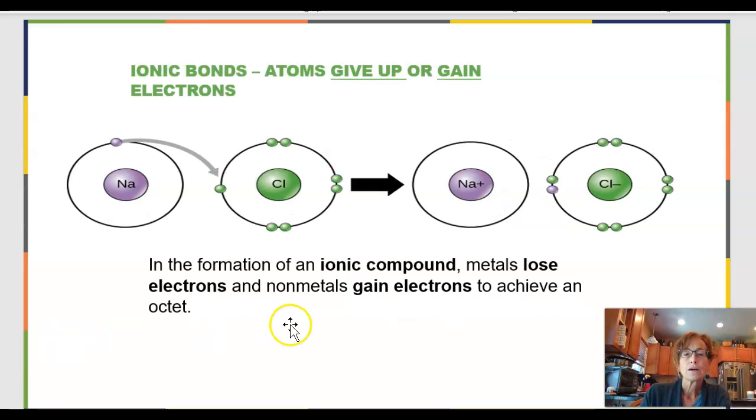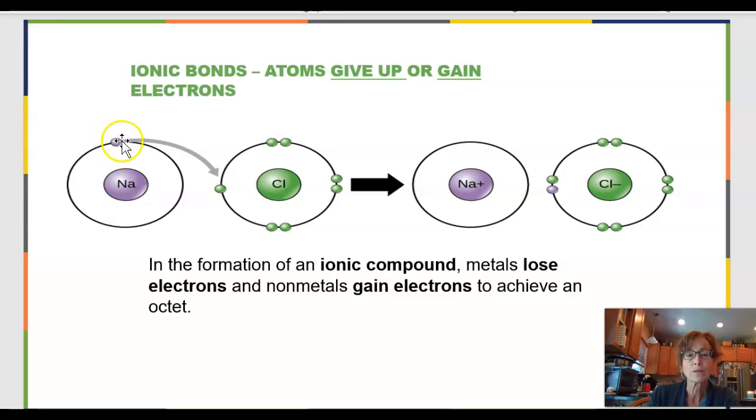All right. Now, the other scenario is that some atoms don't necessarily share electrons. So there are other types of bonds that can form. This one shows ionic bonding formed between a metal, sodium, and a nonmetal, chlorine. When they join together, they become attracted to each other because they have opposite charges. Here's sodium's outer energy level, its valence electron sitting right there.